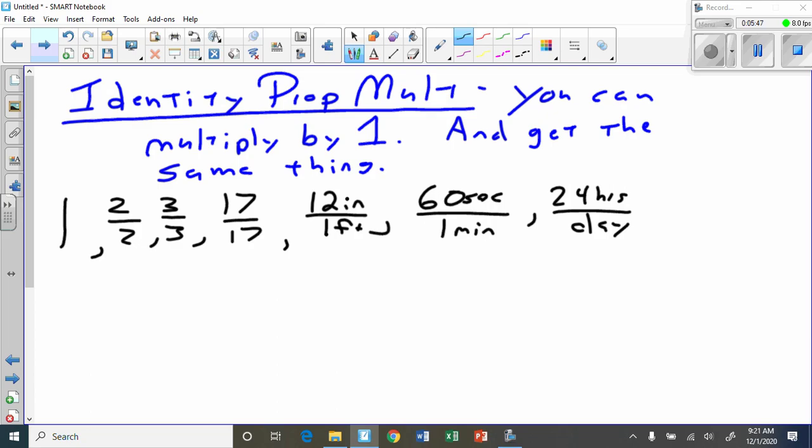All of those are equal to 1, and we could come up with a bunch of them. 4 quarts in a gallon, right? 8 ounces in a cup. 16 ounces in a pound, right? All of these are unit multipliers. Now these right here become unit multipliers.